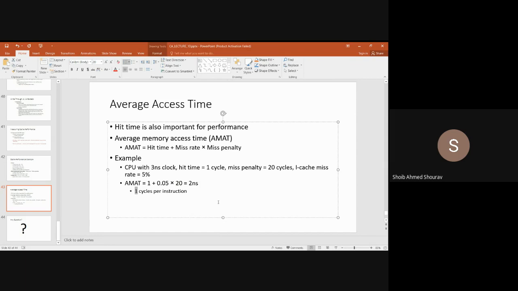For example, if the clock is 0.5, then 2 divided by 0.5 will be 4 cycles per instruction. So divide this value by this value and you get the number of cycles.